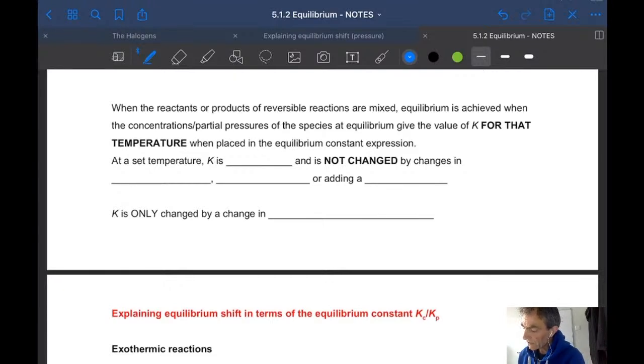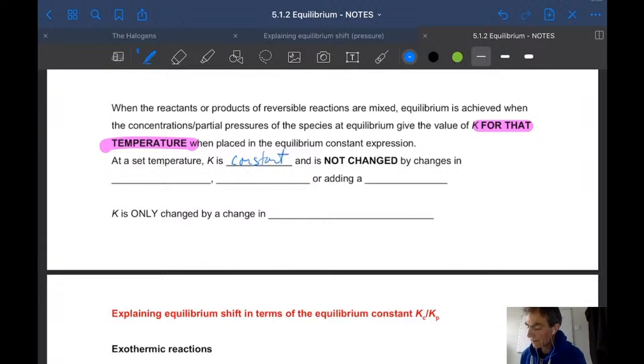When the reactants or products of a reversible reaction are mixed, equilibrium is achieved when the concentrations, if it's Kc, or the partial pressures, if it's Kp, of the species at equilibrium give the value for K for that temperature. I'm going to highlight that because that's key to this. So the equilibrium needs to get the K value for that temperature. At a set temperature, the equilibrium constant is constant.